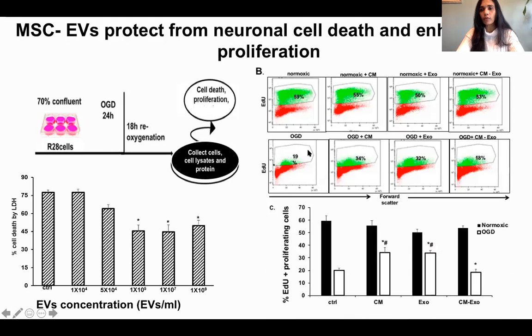Similarly, we did a flow cytometric analysis of cellular proliferation with the cells that got OGD and were treated with EVs. We found that cell proliferation increased in cells which underwent OGD but were treated with EVs.